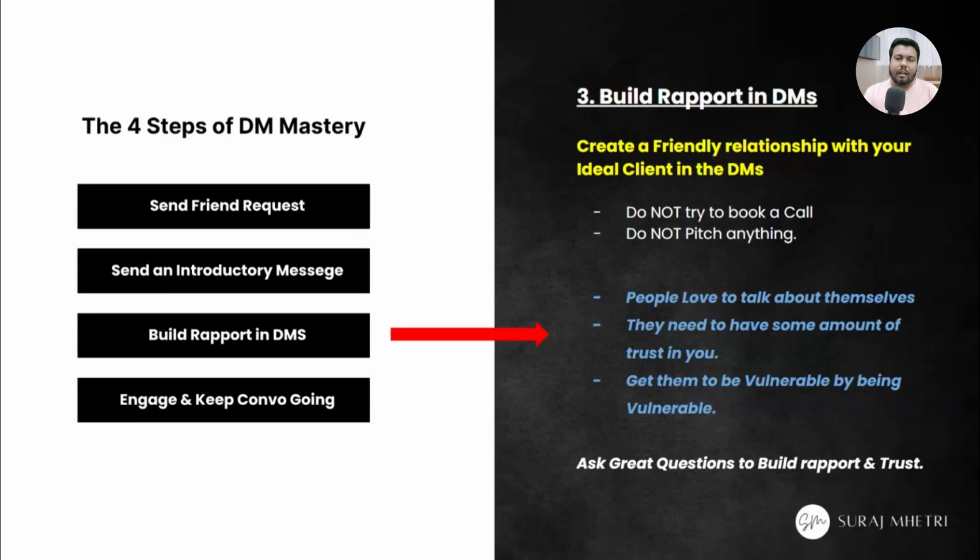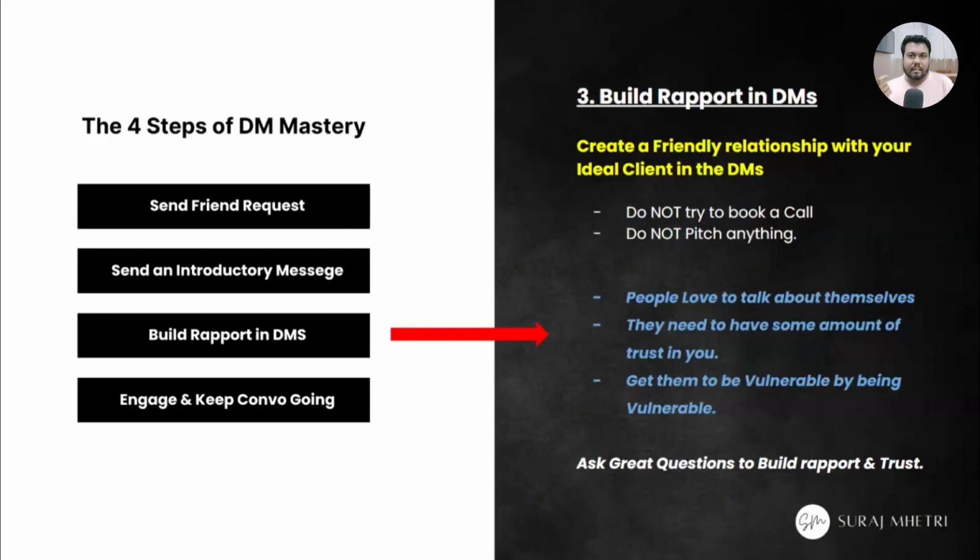First one is people love to talk about themselves, right? Remember this. Second, people will only open up and reveal their true selves if they have some amount of trust in you, right? Now that level of trust varies from person to person, but it means that if you want to get your ideal clients to open up with you, they have to like you and trust you, right? And the best way to build trust and to get others to be vulnerable is to be vulnerable yourself.